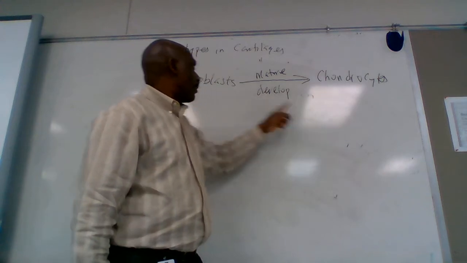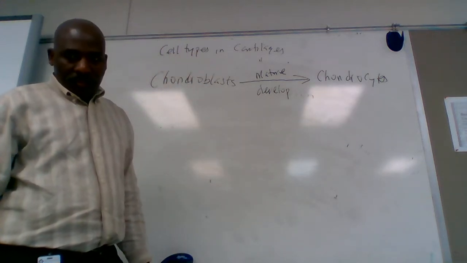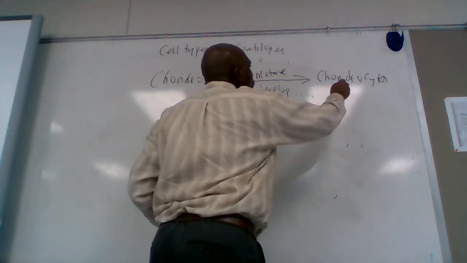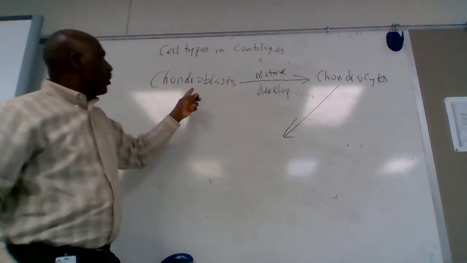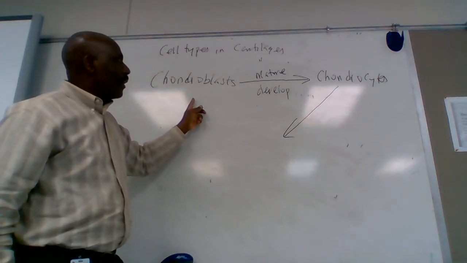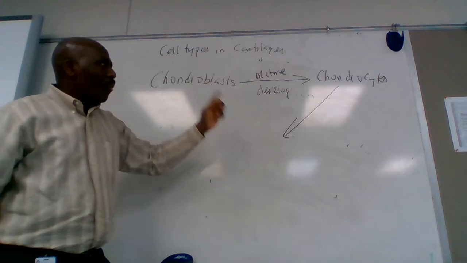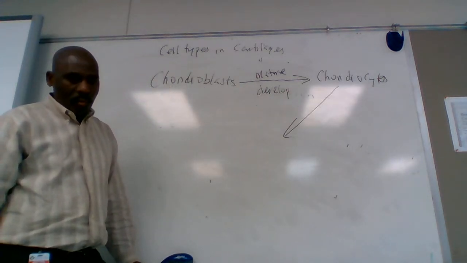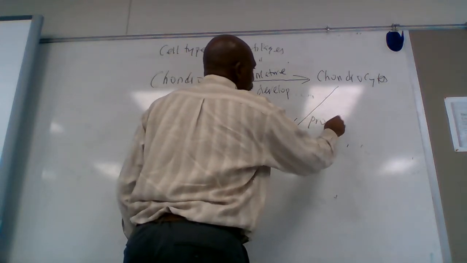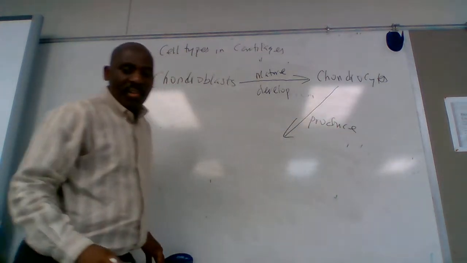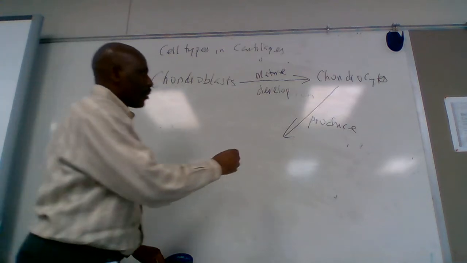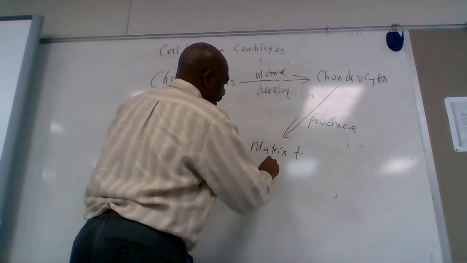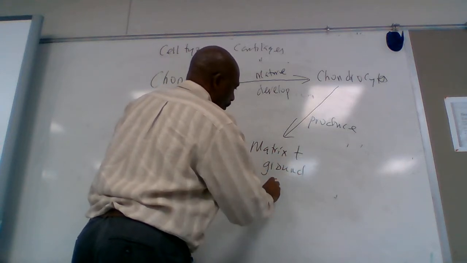These are the mature cells, these are the immature cells. What is the function of chondrocytes? While the chondroblasts make the chondrocytes, of what importance are chondrocytes in a cartilage tissue? They produce the matrix and the ground substance.